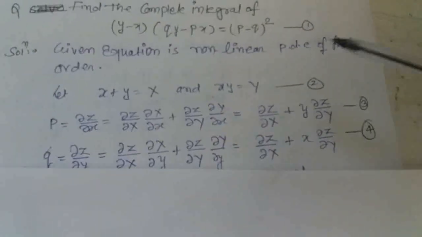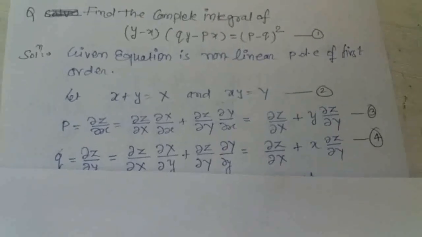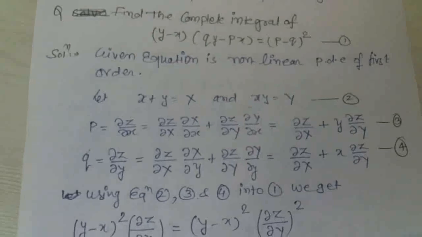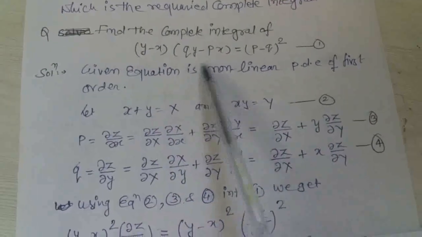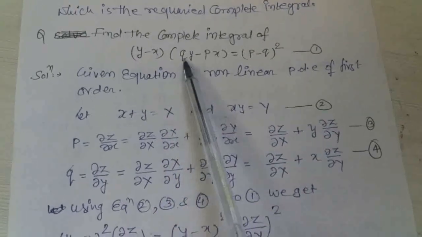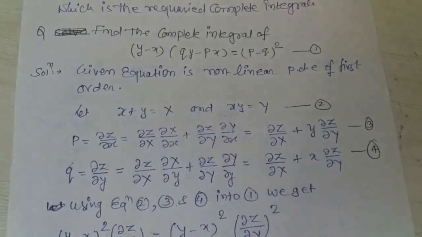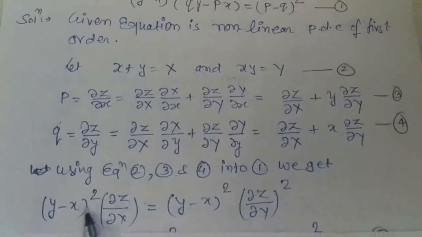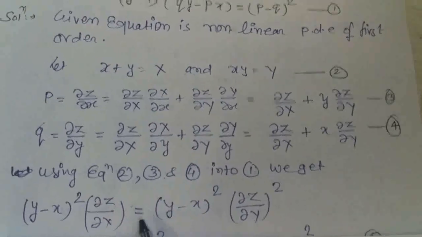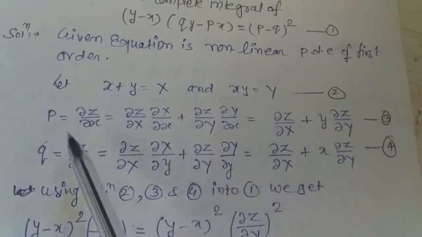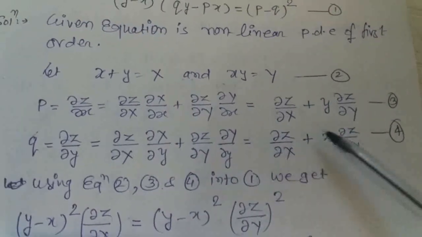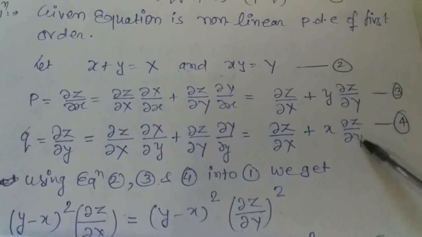Now using the second, third and fourth in the first, we put the values of q and p and simplify. We get y minus x common, so y minus x into y minus x becomes y minus x whole square, and the remainder is del z by del x equal to, here p minus q, we get y minus x del z by del y, the rest cancels.